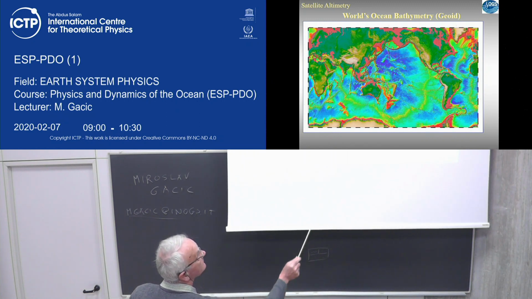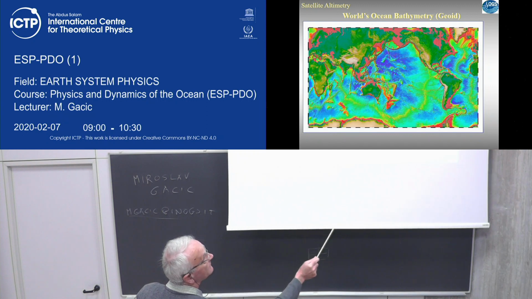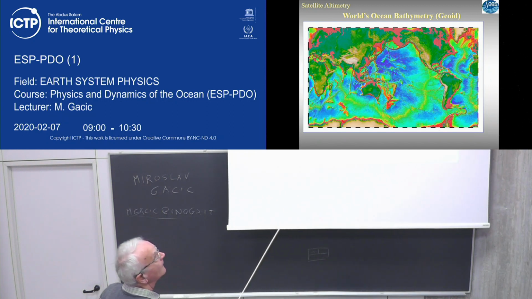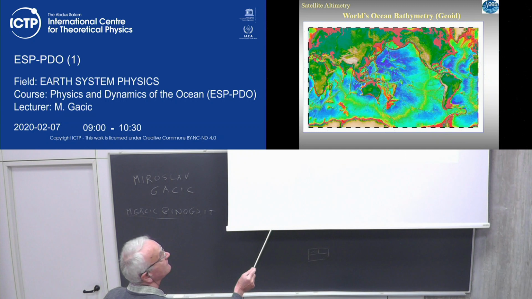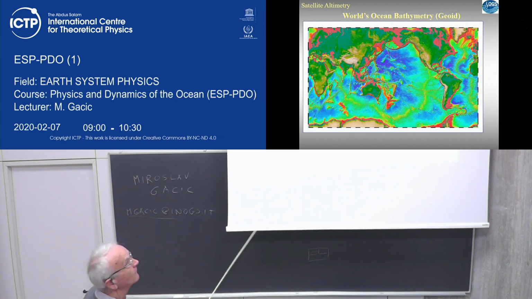You have areas of deep ocean, and you have the continental shelf. The continental shelves are these reddish areas along the continents, which are more or less wide depending on whether there is river discharge bringing sediments or not.